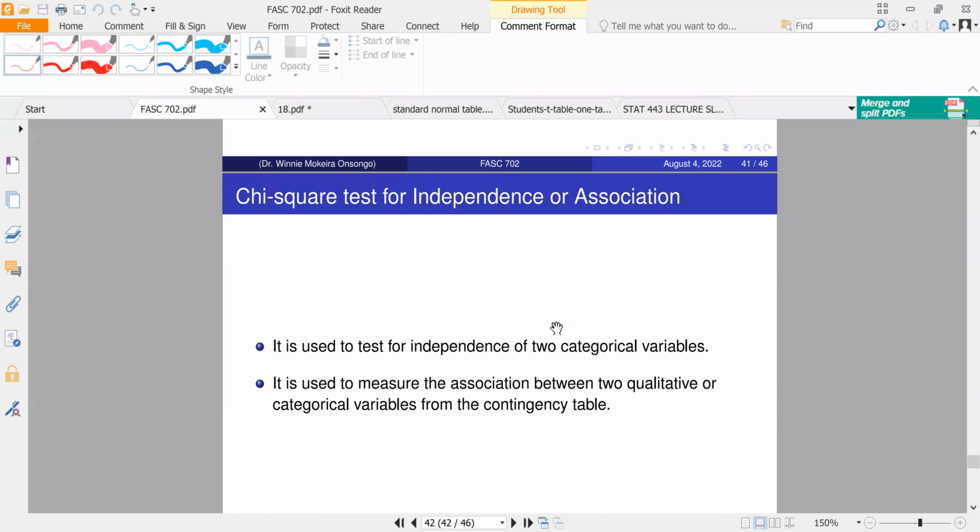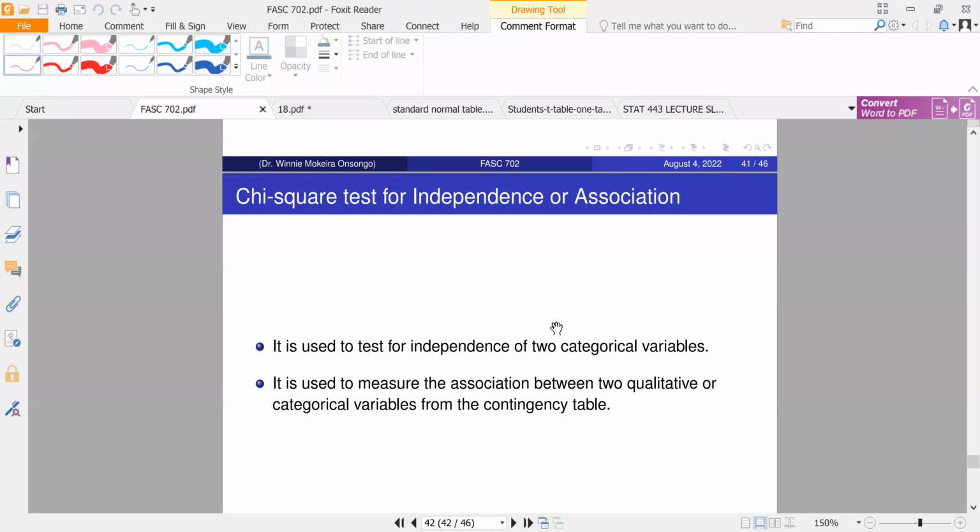Now, I'd like to clarify that we have a chi-square test for parametric tests, and we also have a chi-square test for non-parametric tests. This chi-square test is specific to non-parametric tests, and we use it to test for the degree of association between variables.